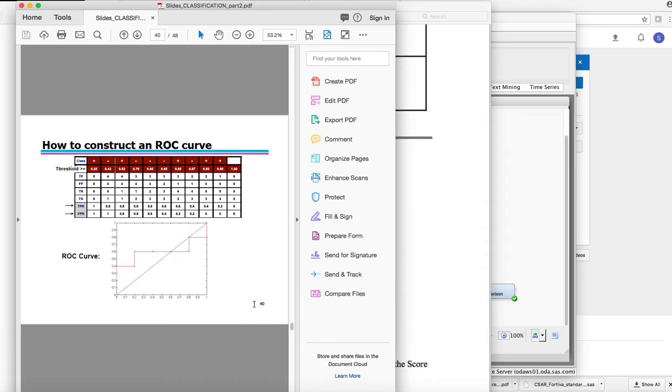So for interested students, these are the details showing how the ROC curve is generated.